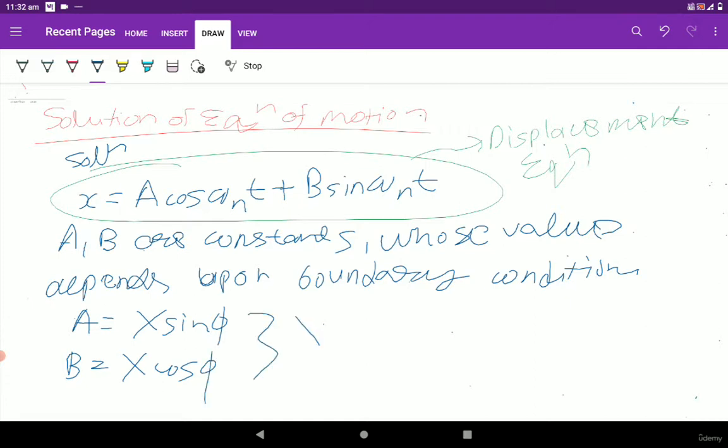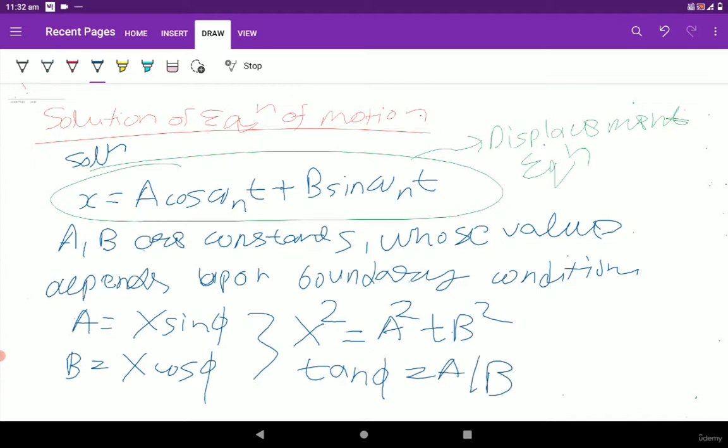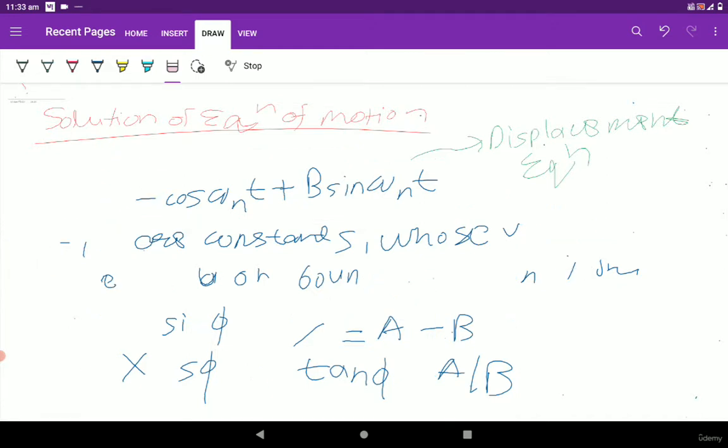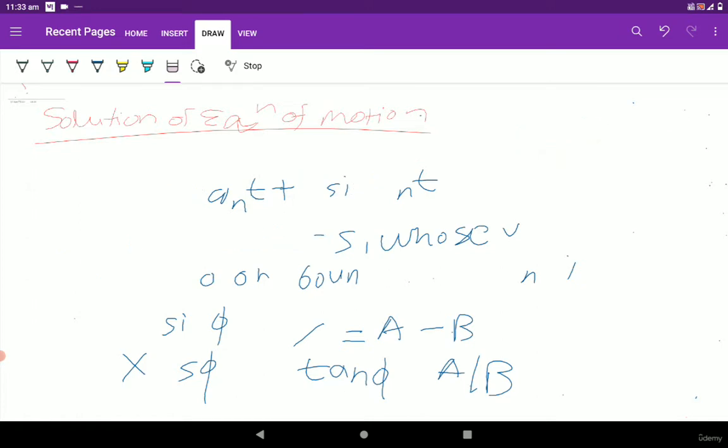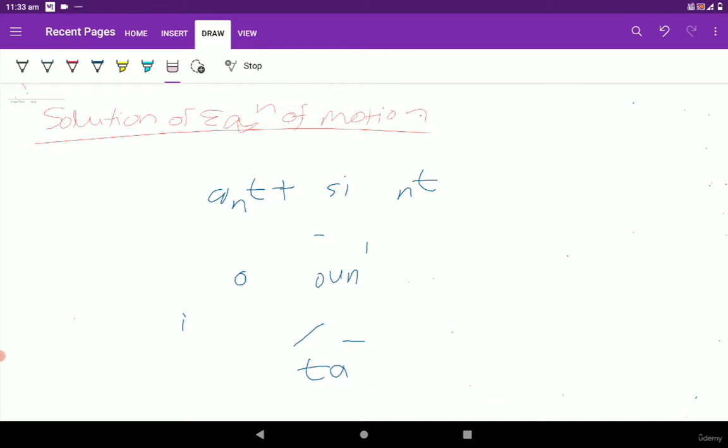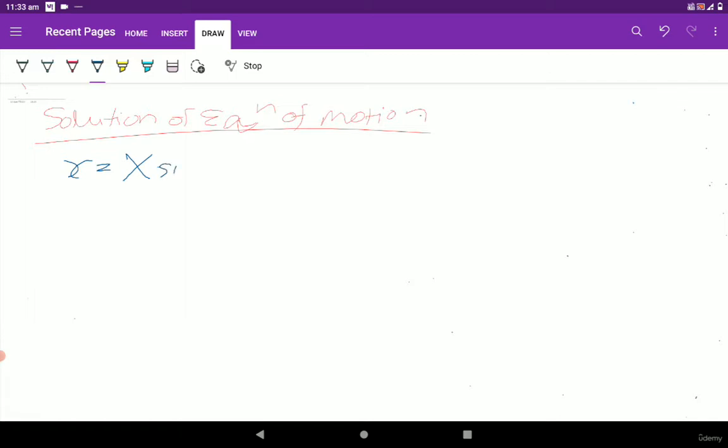After solving, we see that X square equal to A square plus B square, and tan phi is equal to A by B. Substituting the values of A and B, we get x is equal to X sine phi cos omega n t plus X cos phi sine omega n t.